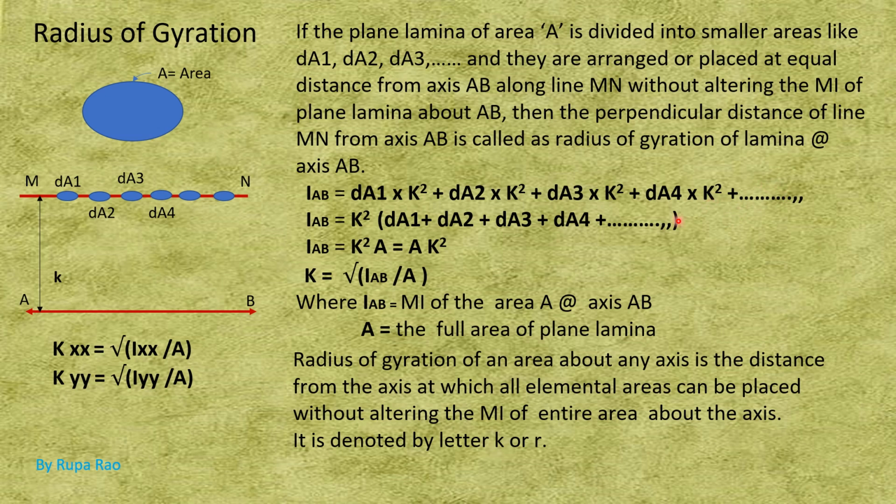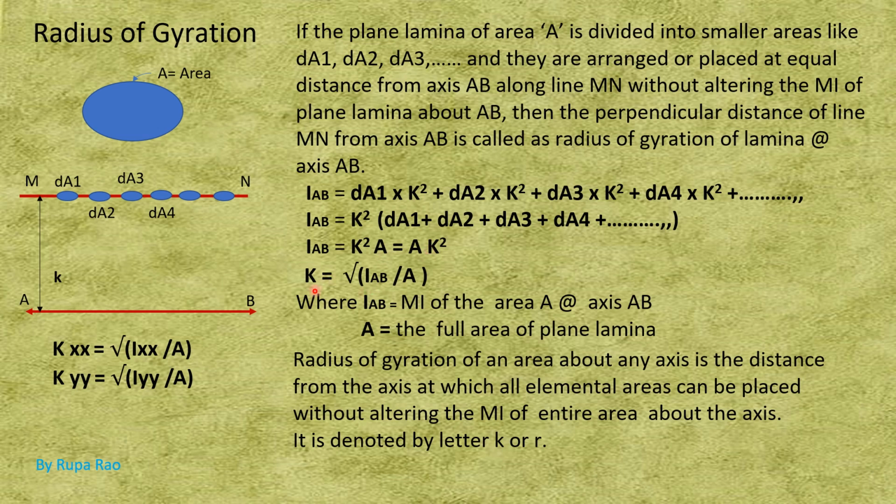If k square is taken common, what remains in the bracket is dA1 plus dA2 plus dA3 plus dA4 and so on. What is this total? It is the full area A, because we have divided this A into dA1, dA2. So if I add all these areas, I get the full area A. So this is A k square, or I can write it A k square.